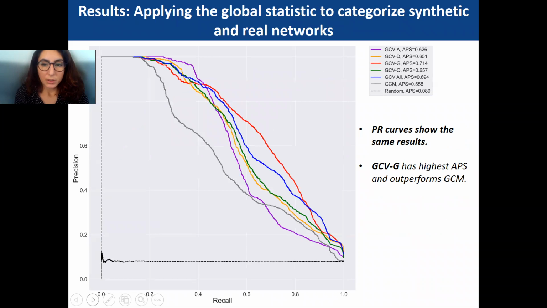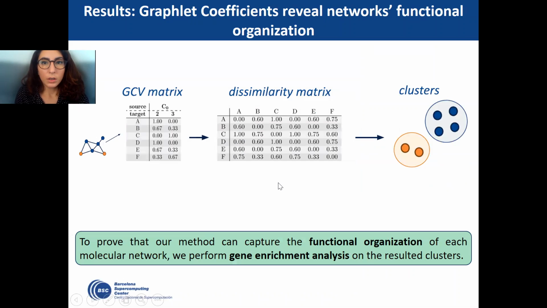We have the same results with the PR curves. Here they show the same results, and we can see that GCVG has the highest average precision score and outperforms the classical Graphlet-based measure.